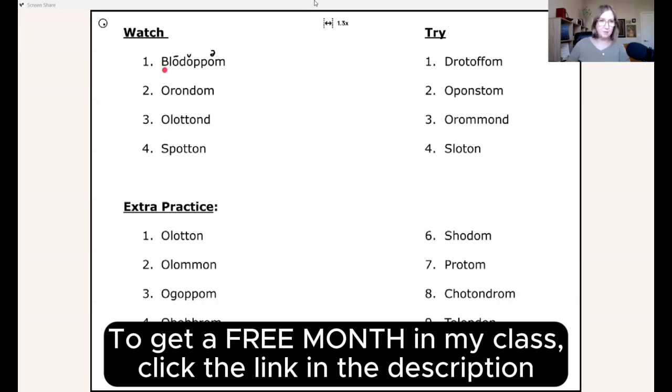So our sounds are B, L, O, D, A, P, M. Since it's long, I'm going to do successive blending. So we have bull, blow, blowed, blowda, blowdop, blowdoppa, blowdopum. Okay?